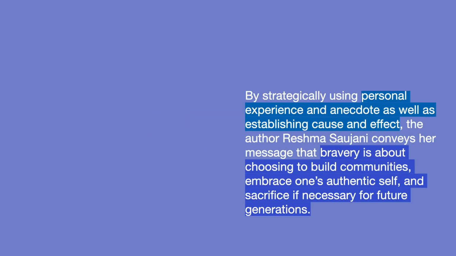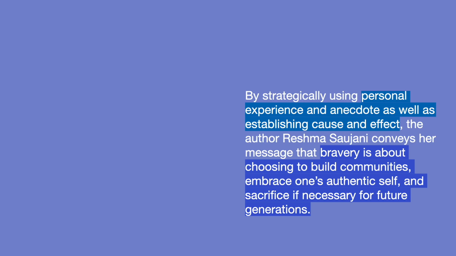And here's my introduction. By strategically using personal experience and anecdote as well as establishing cause and effect, the author Resmaa Sajani conveys her message that bravery is about choosing to build communities, embrace one's authentic self, and sacrifice if necessary for future generations.